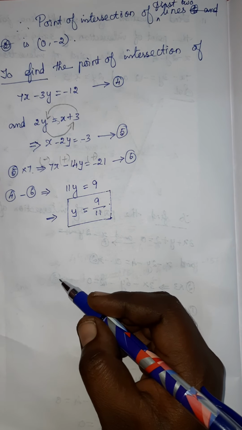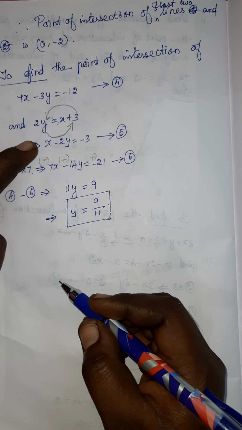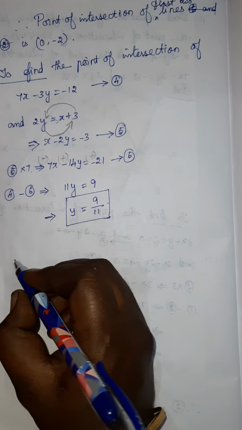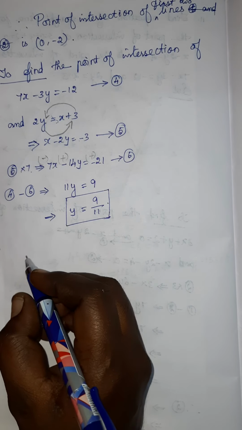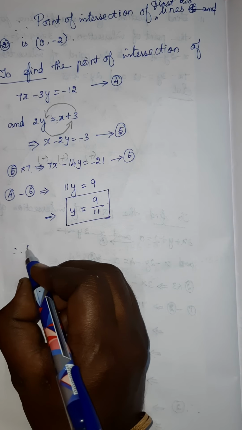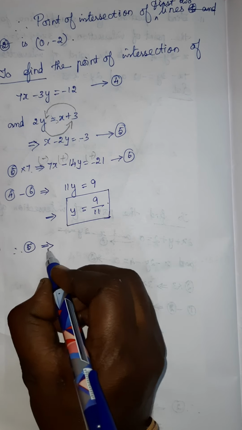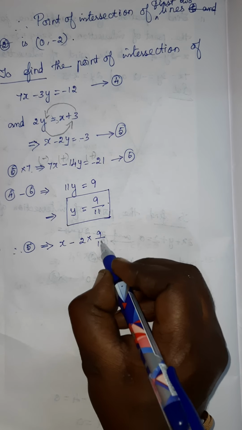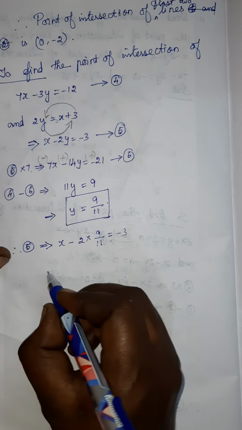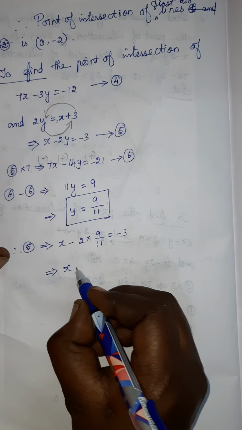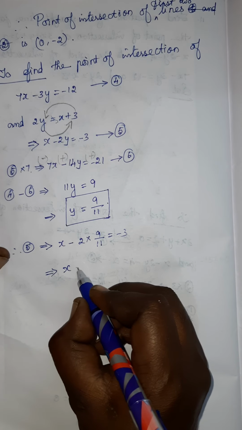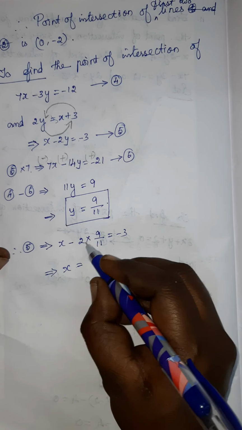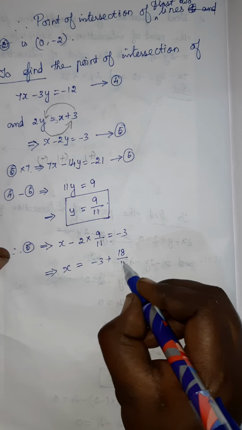Next we can find the x value by substituting this y in any one of equations 4 and 5. So we can substitute in the fifth equation. Therefore equation 5 implies x minus 2 into 9 by 11 equal to minus 3, which implies x is equal to minus 3. This minus will change as plus 2 into 9, 18 by 11.